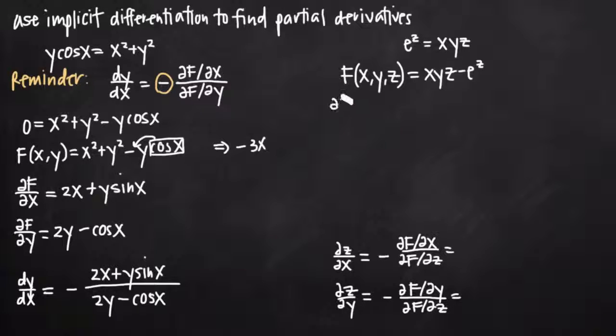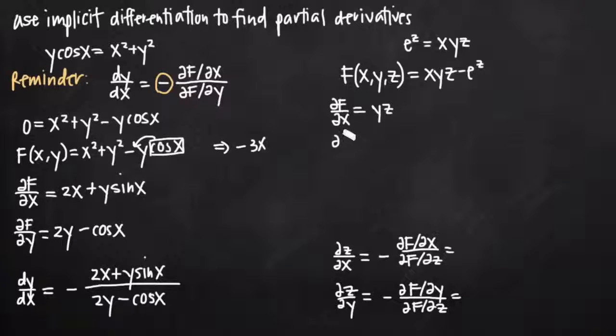So we'll say the partial derivative of f with respect to x will be, remember, treating x as the variable, y and z as constants. The derivative of xyz will just be yz. The derivative of e to the z will be 0 because there's no x variable involved there.